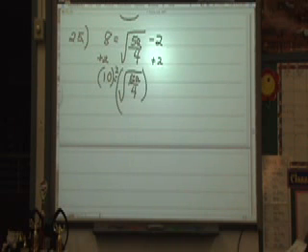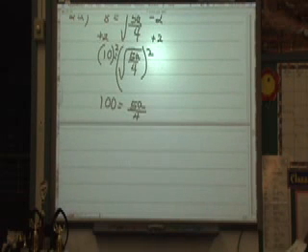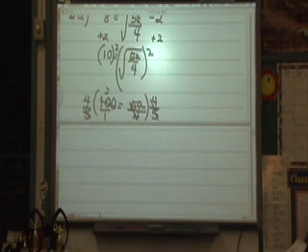Square both sides. 100 equals 5a over 4. Solve for a. You can multiply both sides by the reciprocal, 4 fifths. That'll cancel out, and 5 goes into 100, and 4 times 20 is 80.